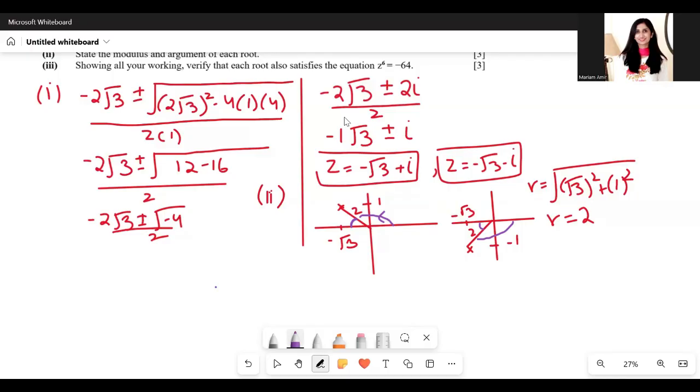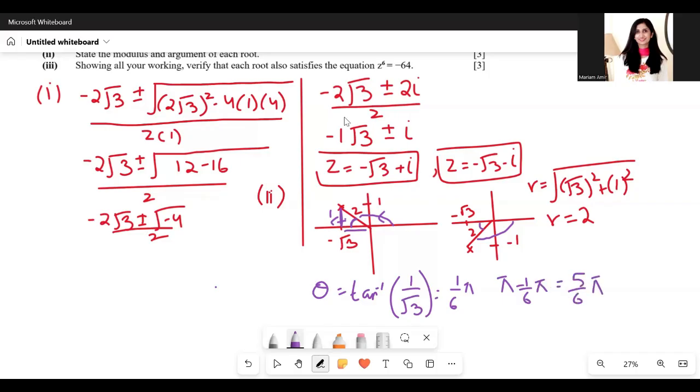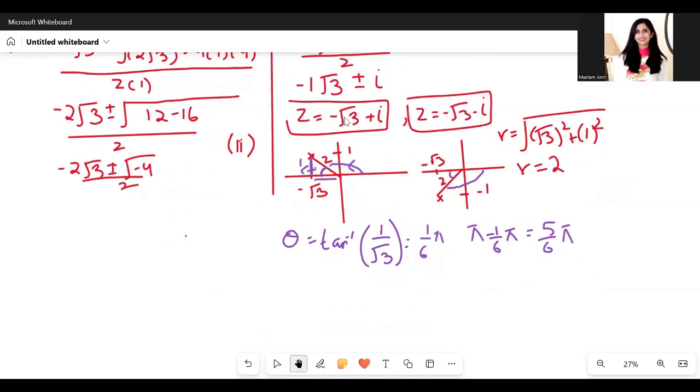The argument theta is equal to tan inverse of y over x. Here y is 1 and x is √3, ignoring any negative sign. Tan inverse of 1 over √3 gives pi over 6. Now we do pi minus pi by 6, which is 5 pi by 6. So the argument for one is 5 pi by 6, and for the other it's negative 5 pi by 6.